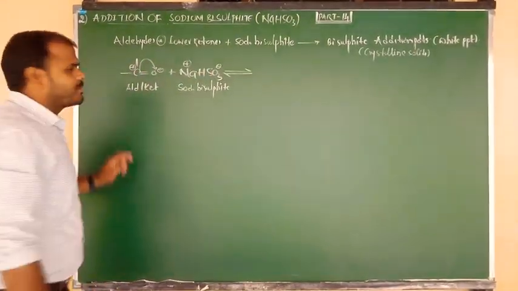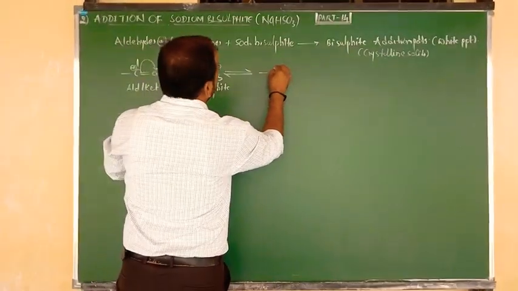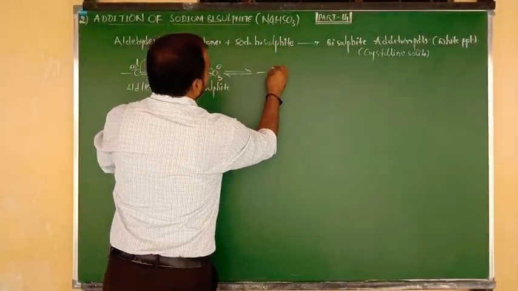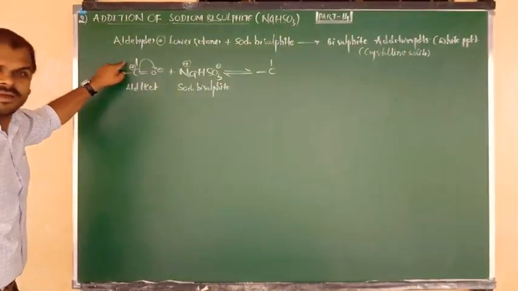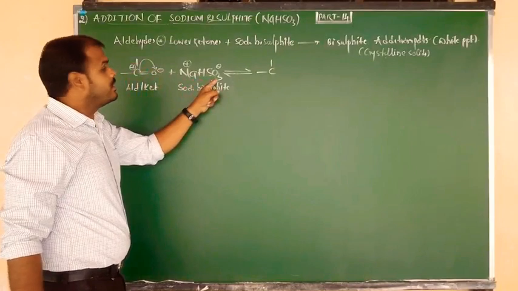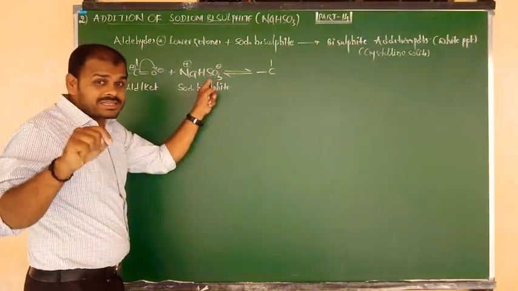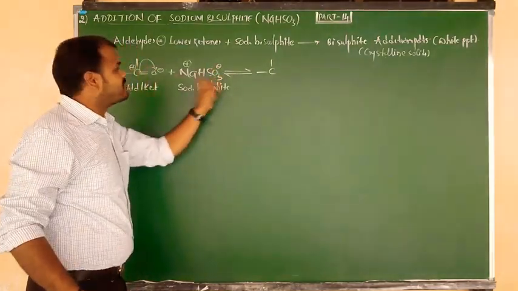Now we have to write the product: carbon contains 2 bonds, and here the charge is positive. It was attacked by the negative part, SO3H. But SO3H connects not through S but through the more negative side, that is oxygen.